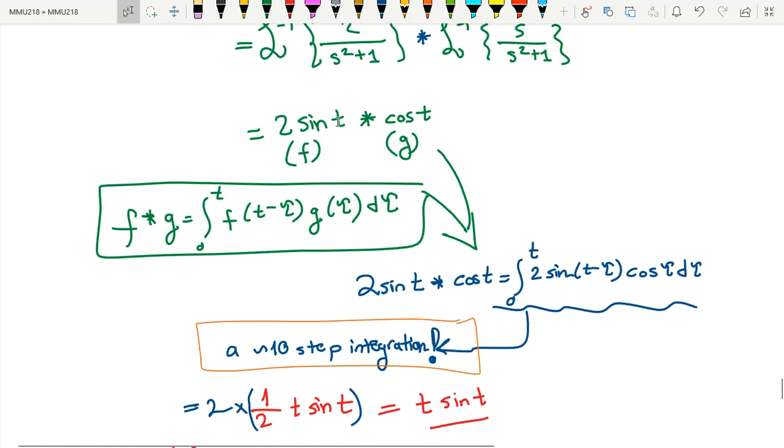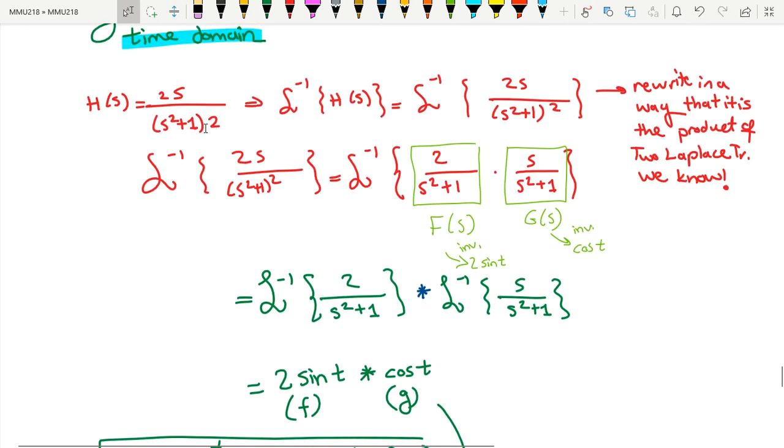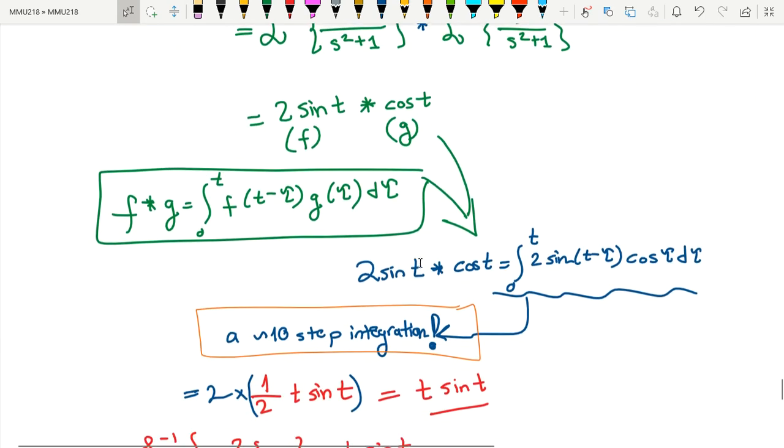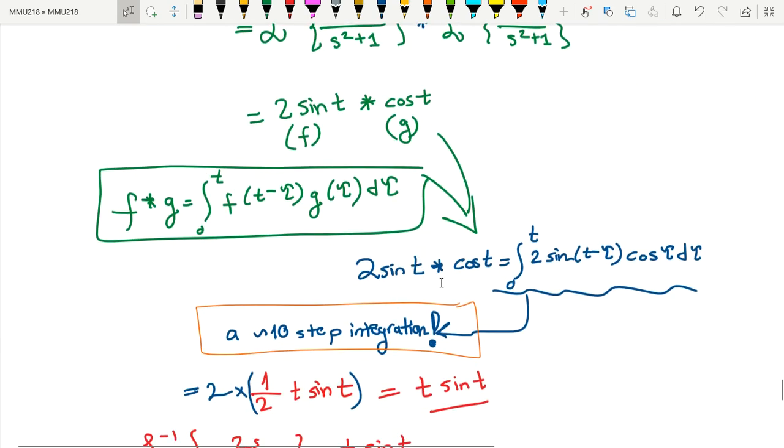You pick up one of the functions and express it in terms of t minus tau, and you pick up the other function and express it as it is, g(tau), and do the integration. So for our simple example, for H(s) being equal to this, our solution will be 2 sine t convoluted with cosine t.